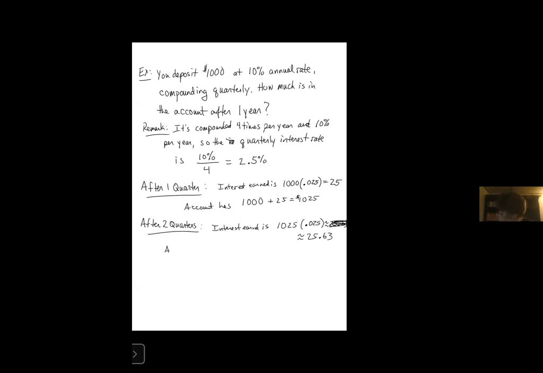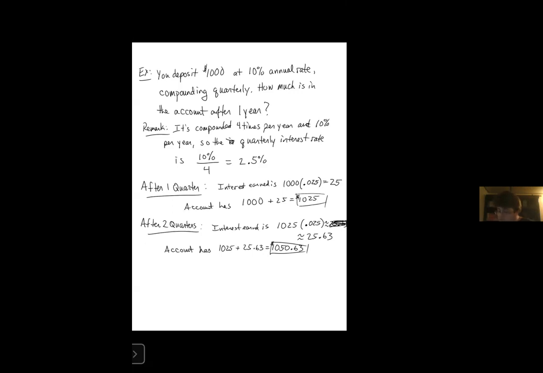So how much is in the account after 2 quarters? The initial 1025 plus the 25.63, which is 1050.63. Oh wait, we don't want after 2 quarters as a final answer. Maybe I'll box the ending amount each time.